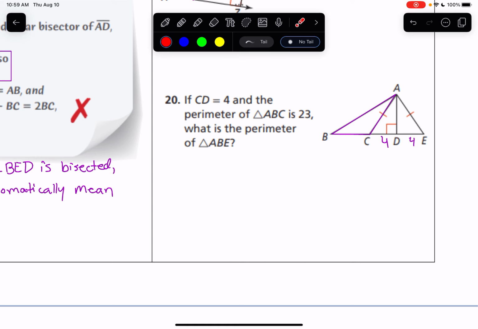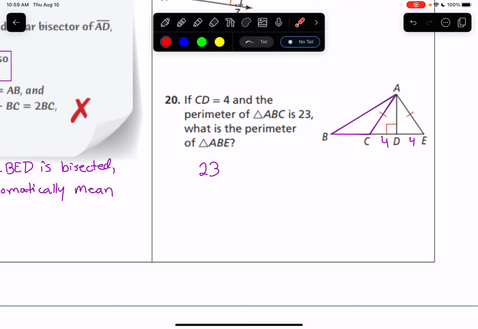So I'm thinking to myself, all right, to show the perimeter of triangle ABE, 2 of my sides are going to be the same as 2 of the other sides, right? So the perimeter of 23 is still going to be accounted for, because originally AB plus BC plus AC is 23. If I look at my entire triangle ABE, AB is still part of that. BC is still part of that. And while AC is not a part of that, AE is the same as AC.